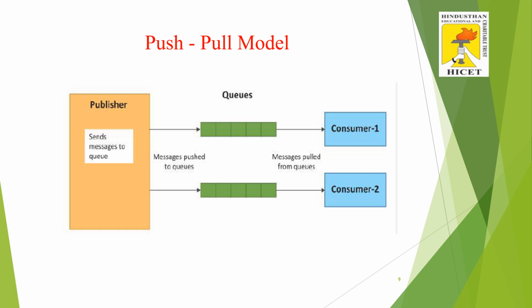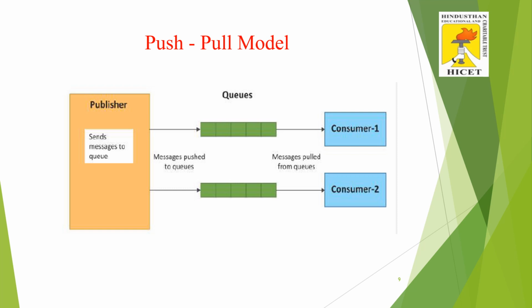Like this, there are interactions between the publishers, queue and consumers. The publisher pushes the messages into the queue and the consumers pull the messages from the queue. It is called the push-pull model. This queue decouples the messages in the buffer.